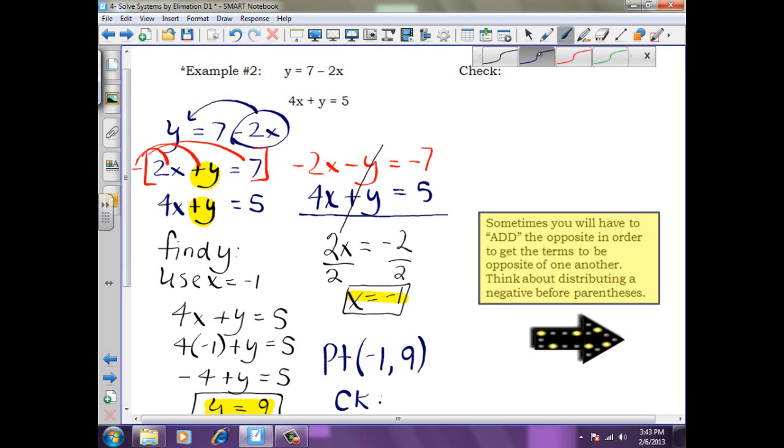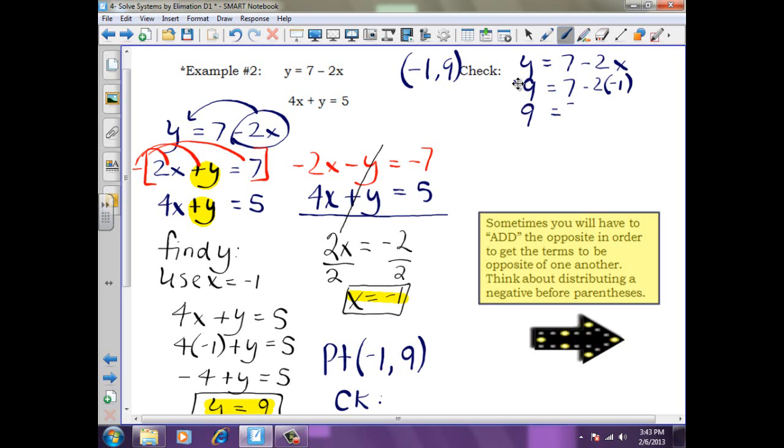So I'm checking negative 1, 9 in the original equation. Y equals 7 minus 2x. Y is 9. 7 minus 2 times negative 1. 9 equals 7. Negative times a negative now is a plus. 9 equals 9. It checks in the first equation.